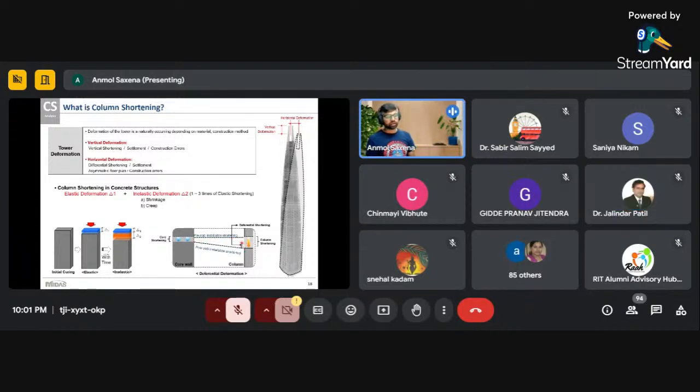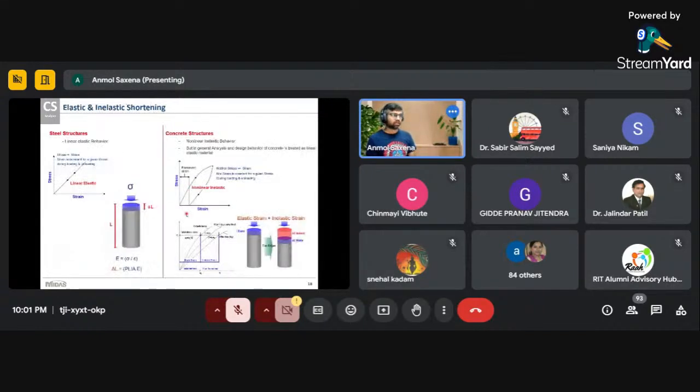This is what is happening with column shortening. Due to this, there is a vertical deformation in the building as well as a horizontal deformation. We need to take care of these two during the analysis as well as in the construction.